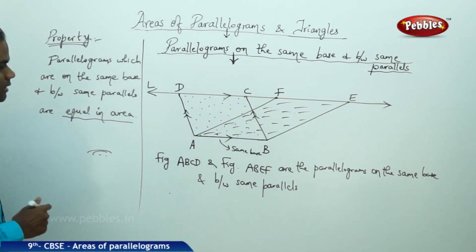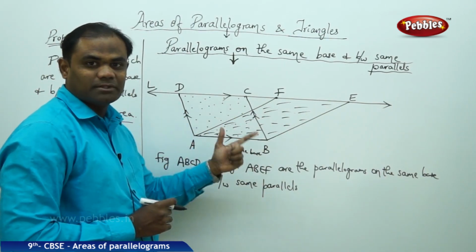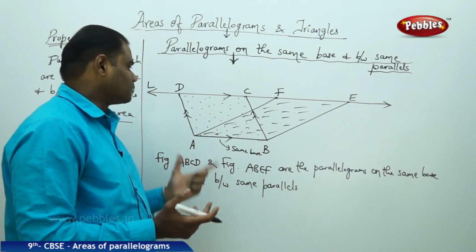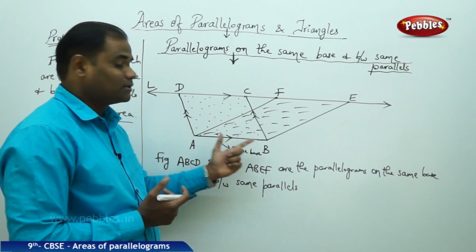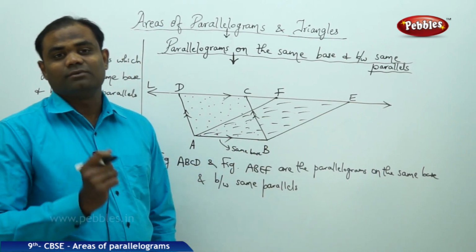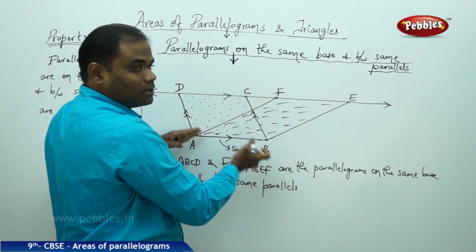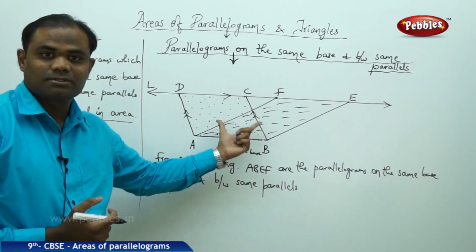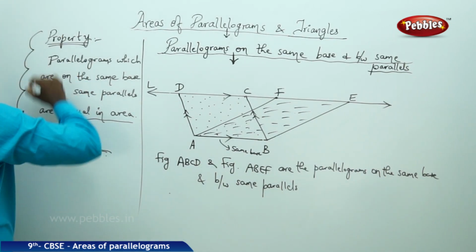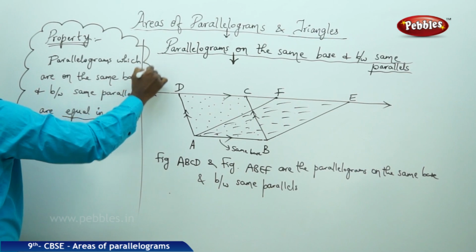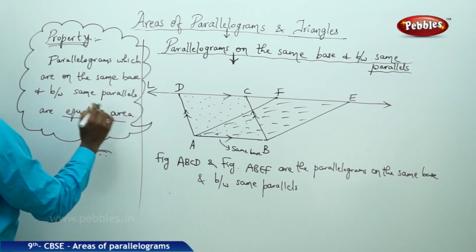The property says that if the two parallelograms lie on the same base and between same parallels, any two parallelograms lying between two parallel lines and lying with the same base must be equal in area. So area of this parallelogram is equal to area of the second parallelogram in this diagram, is what is the property which defines in mathematics.